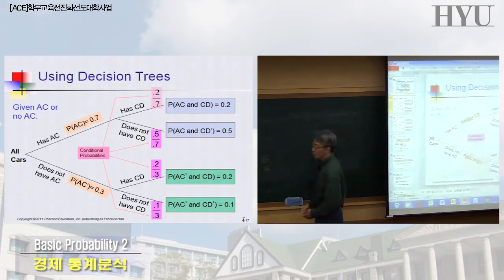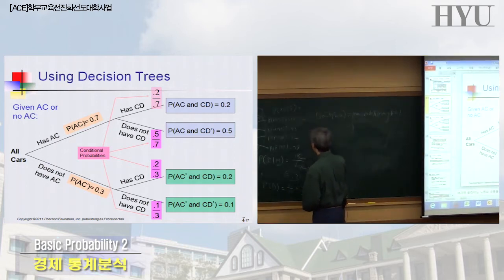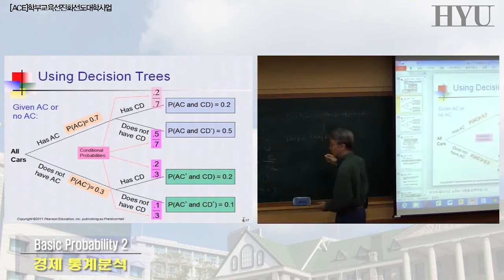This will be true if what? If the two events are independent, okay? But the joint probability equals marginal probability times conditional probability. Sorry about my writing, but I'm sure you understand, right?